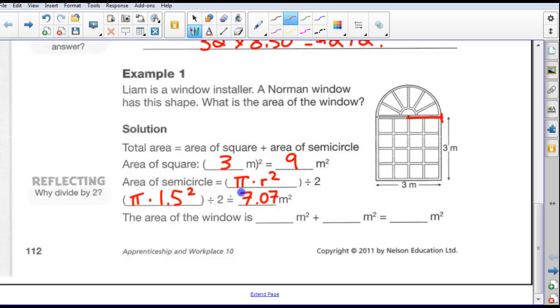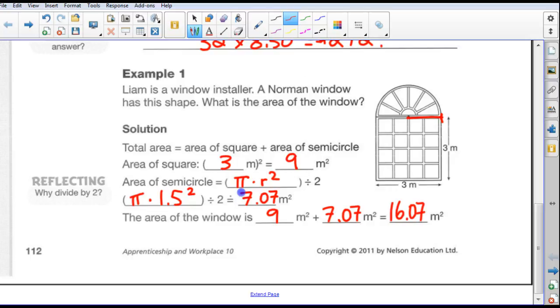So the area of the window is just 9 for the square at the bottom, plus 7.07 meters squared, and I end up with an answer of 16.07 square meters. It didn't ask us to round it, so I'll leave it at 16.07.